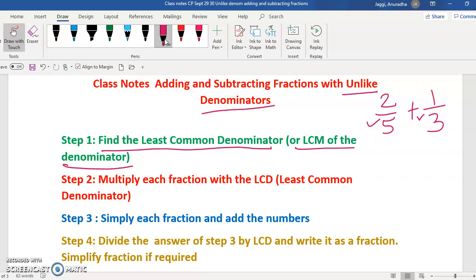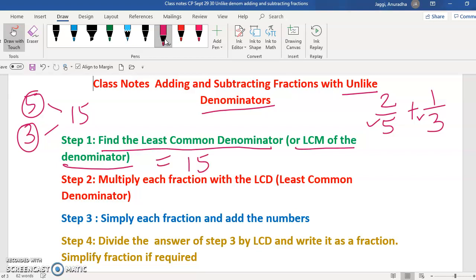So I have the denominators 5 and 3. If I do the factor tree, I'll see both 3 and 5 are already prime numbers, and I can multiply them and get my least common multiple of the denominators, 15. So that is my answer, LCD is equal to 15.